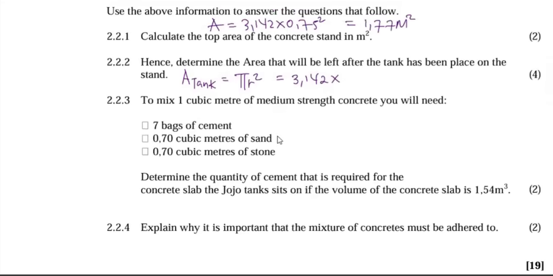Please, you get a mark whenever you show what is not there. So the radius is going to be 0.71.